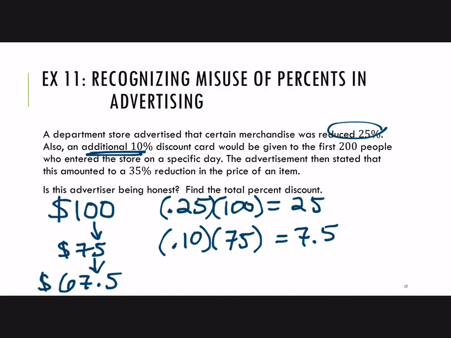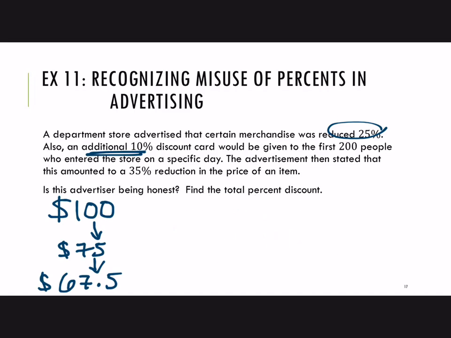All right, well, what percent discount was that? Well, we know the total amount of the discount. I can find that by subtracting 100 minus 67.50, and that's a $32.50 discount.